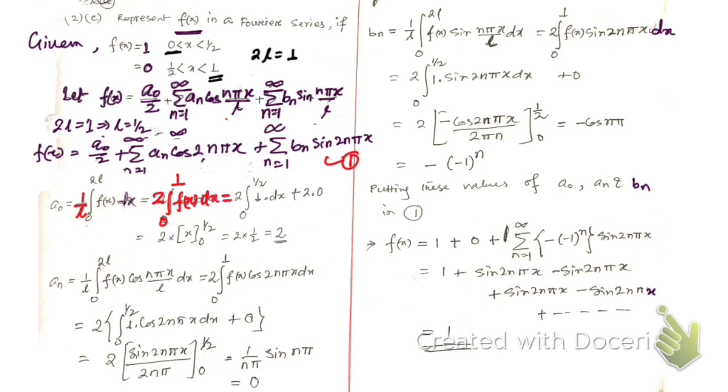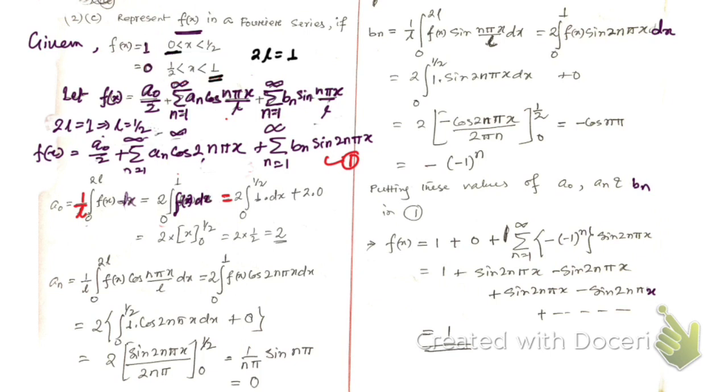And here you can see, so now let me clean this. Here you can see that f of x is 1 when x is between 0 and half, and it is 0 when x is between half and 1.